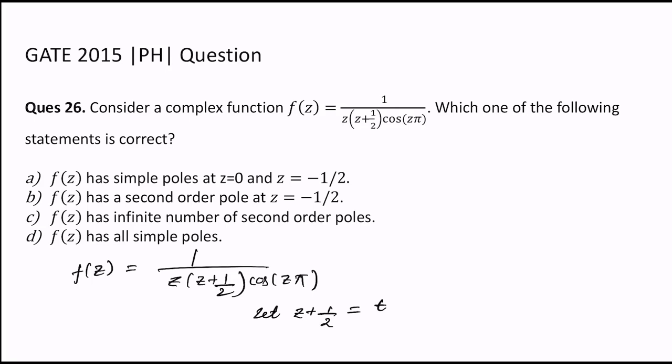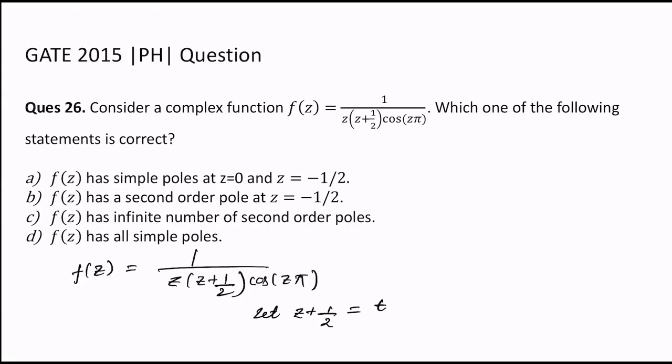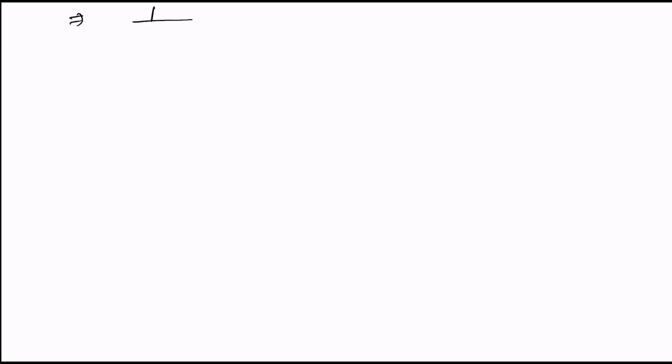Then our function will become 1 upon z, and since z plus half is t, z becomes t minus half, times t, times cos of pi z, which is t minus half.